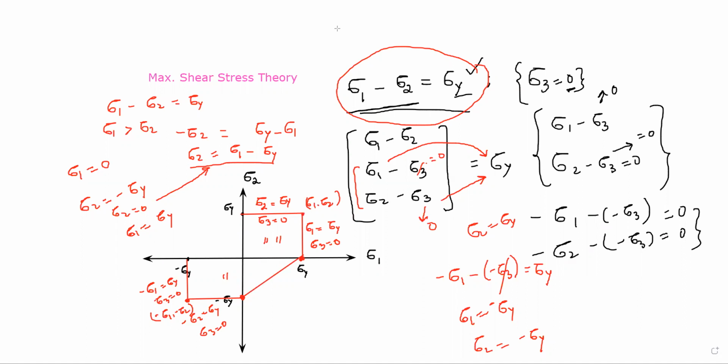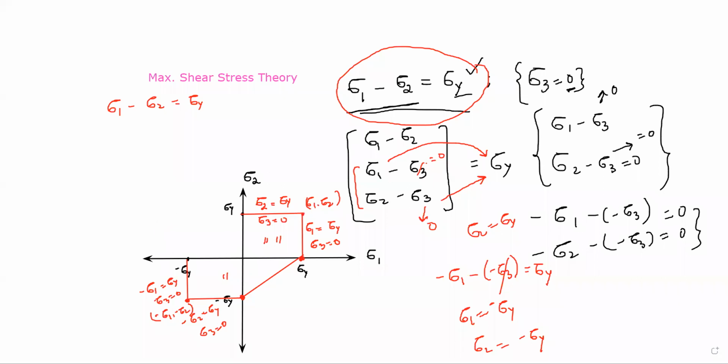Similarly, our case 2 is when sigma 1 is less than sigma 2. So if we plot the points, the case 2 is when sigma 2 is greater than sigma 1. At that time this entire term will be negative.